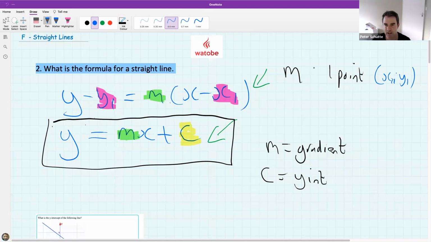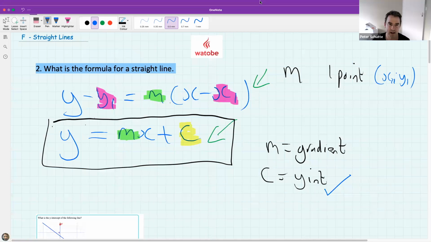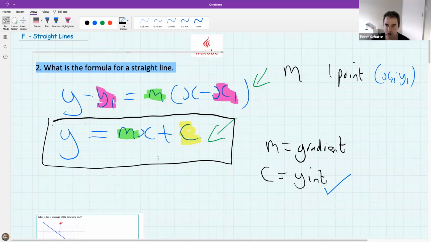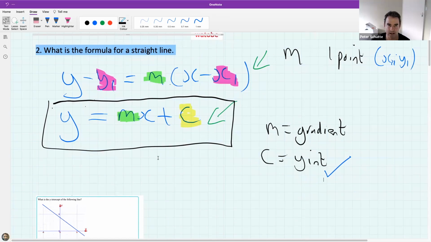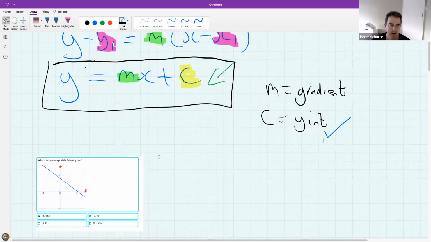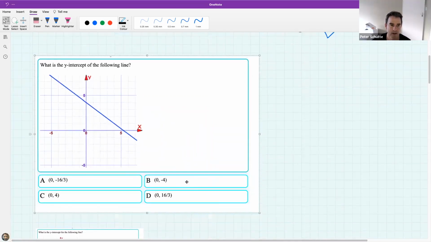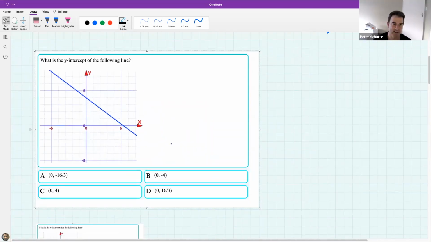So take a screenshot if you need to of this screen, but we're going to first check you know how to find the y-intercepts, and then we're going to find the equations of straight lines. Okay, so take your screenshots if you need to, and we're going to practice using this formula now. So first of all, I want to know, what is the y-intercept of the following straight line?